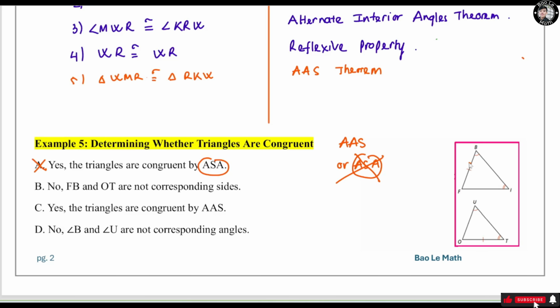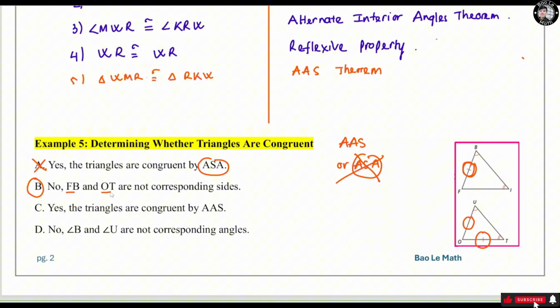But these two are not congruent. However, these two are congruent. So we cannot conclude that these triangles are congruent by AAS. So the answer must be B.